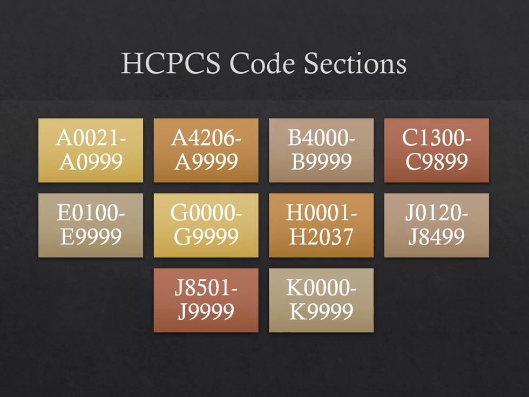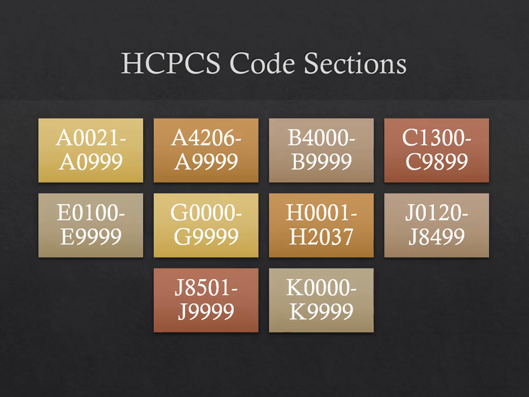So remember, the purpose of the HCPCS code set was to identify services that were not captured by our CPT manual. Of note, you will see some services that are in both manuals, meaning CPT and HCPCS, and that could be because a particular payer is only going to accept a HCPCS code, such as CMS.